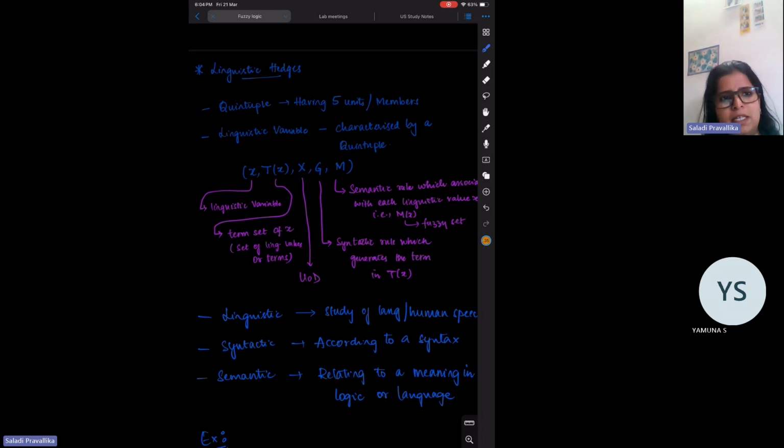And then we have capital X. We all know what a capital X is. That is our universe of discourse, right? And then we have two more variables called G and M. G is a syntactic rule. Whenever we are making a sentence, we have a certain set of rules, right?